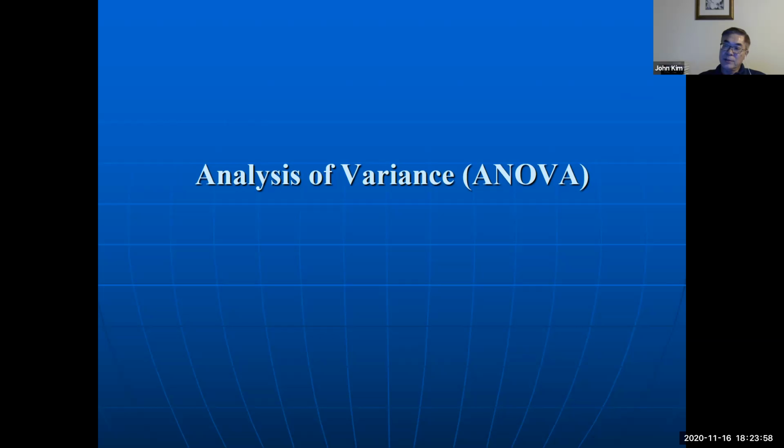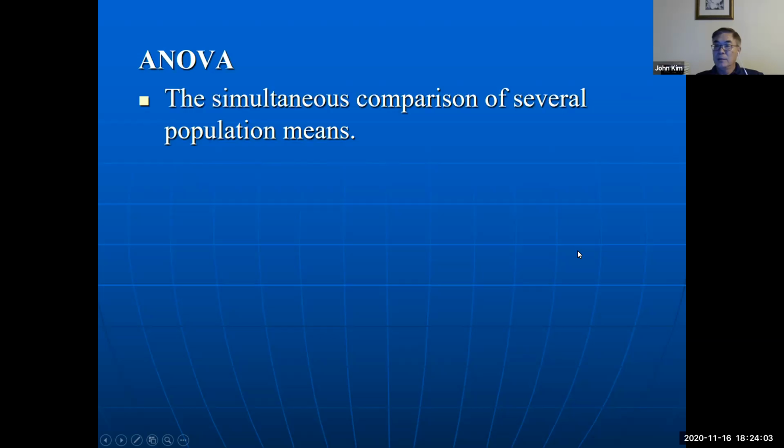Analysis of variance, short name ANOVA, is the simultaneous comparison of several population means. We covered hypothesis tests earlier. With one sample, we compare the sample with the population and test. With two samples, we use the two-sample hypothesis test.